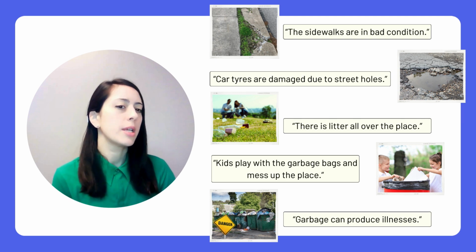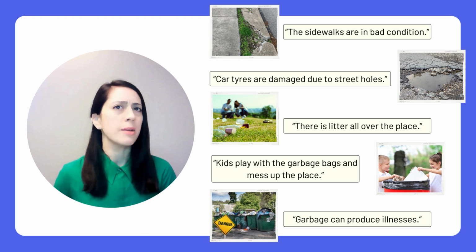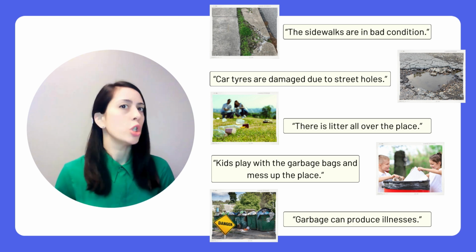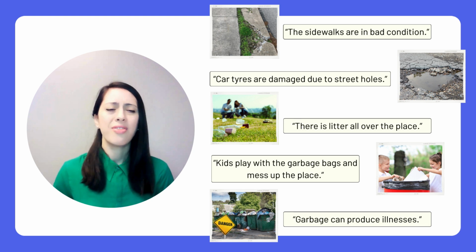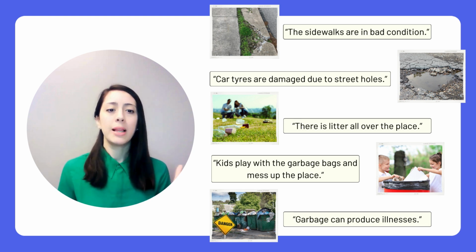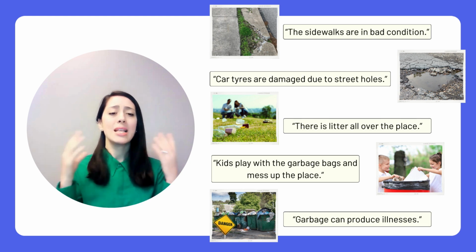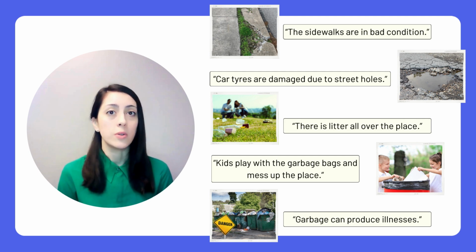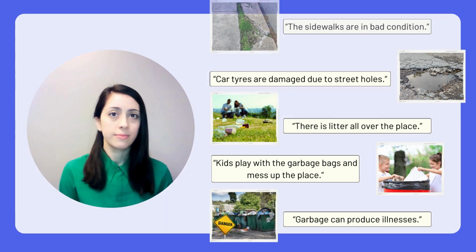For example, the sidewalks are in bad conditions. Car tires are damaged due to street holes. There is litter all over the place. Kids play with garbage bags and mess up the place. Garbage can produce illnesses.